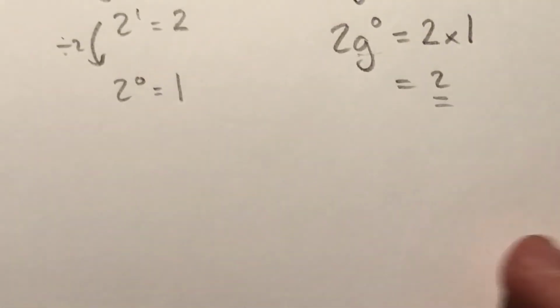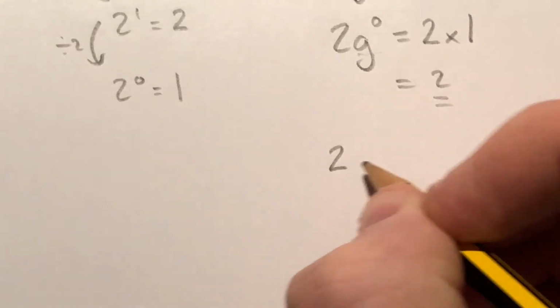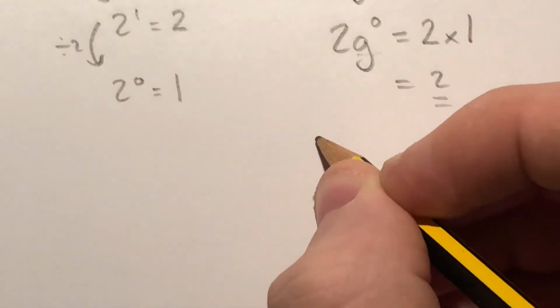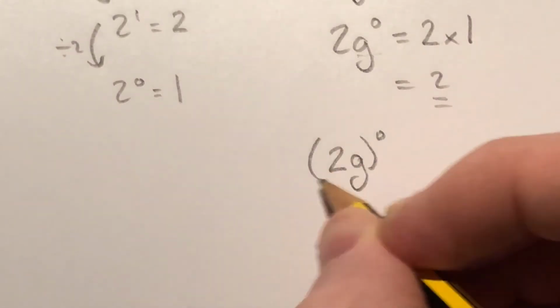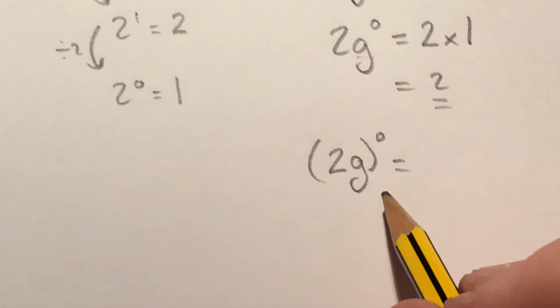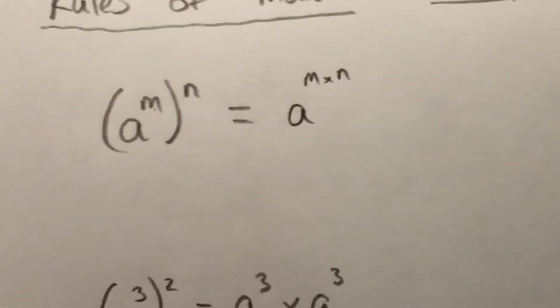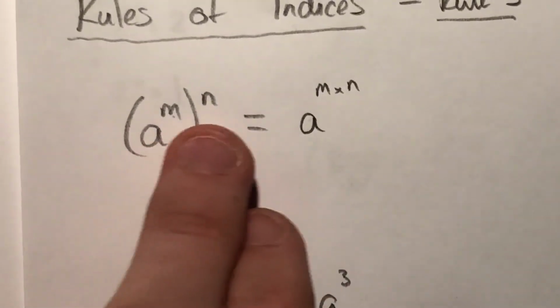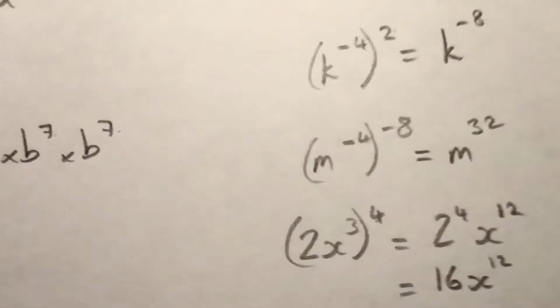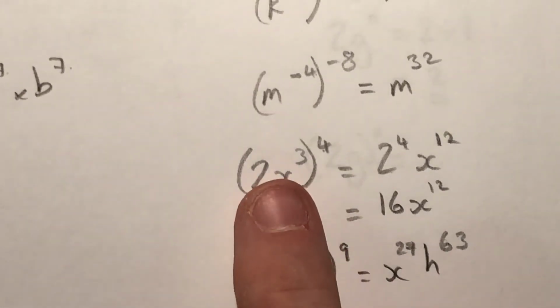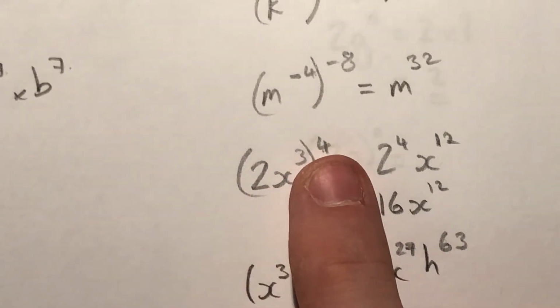We'll do one more. This is different to 2g to the power of 0: it's (2g) all to the power of 0. From Rule 3 of indices, we saw before that if I raise something to the power of another power, everything that's inside the brackets has to be dealt with the power individually.